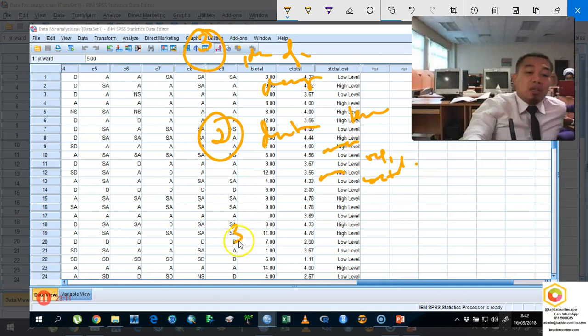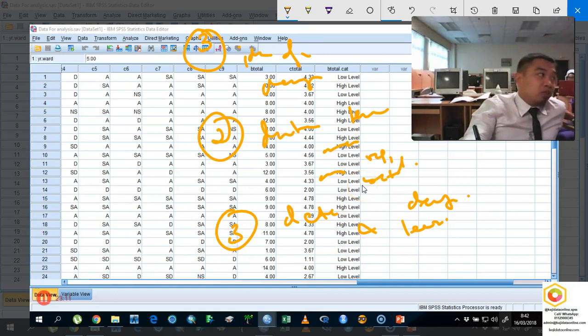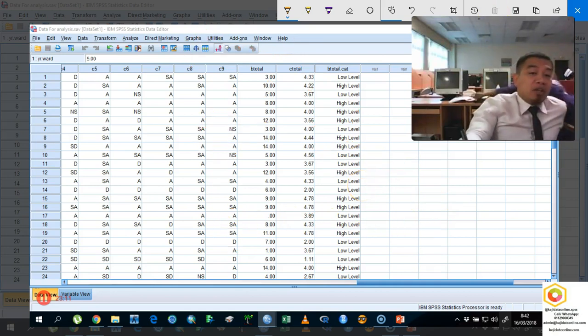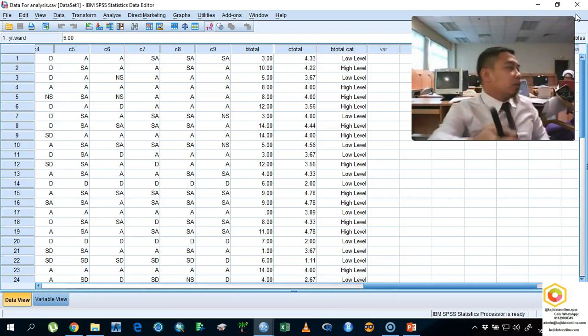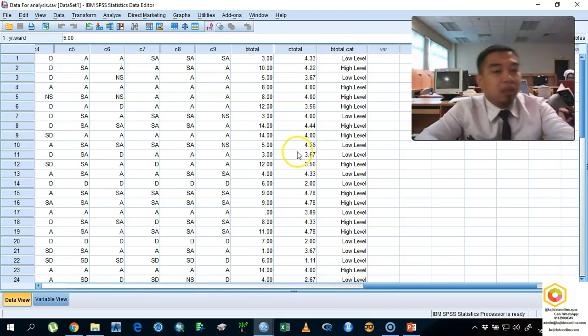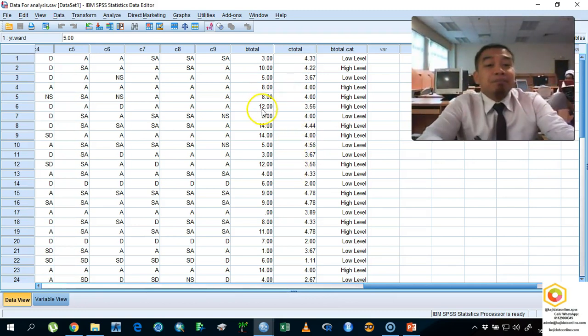And the third one is to determine the relationship or association between the demographic factors and their level of awareness. So this is the objective of the study. If you cannot cope with the objectives, never mind, you can refer back to these videos. Make sure you do some revision, otherwise you don't have a clear idea about conducting your research.